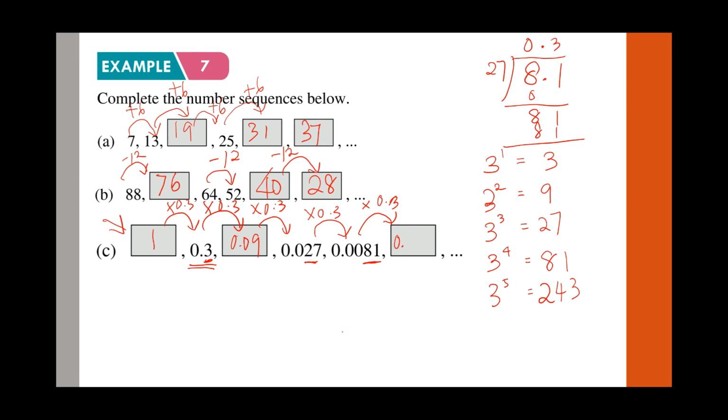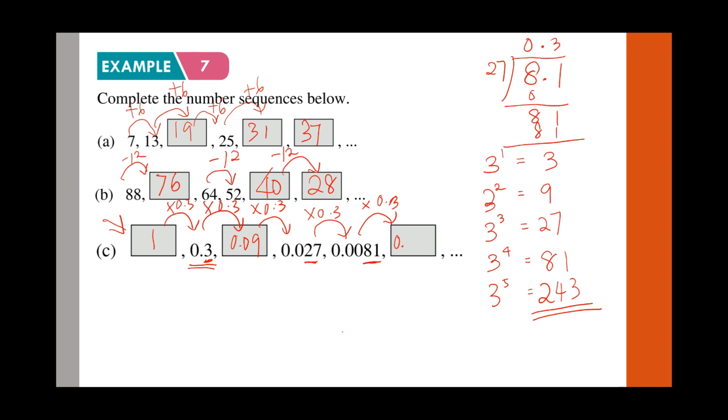Azwin, are you ready with the answer? Azwin, can you hear me? Actually, I gave you the answer already here. You just need to add on the decimal places. Azwin cannot answer me.